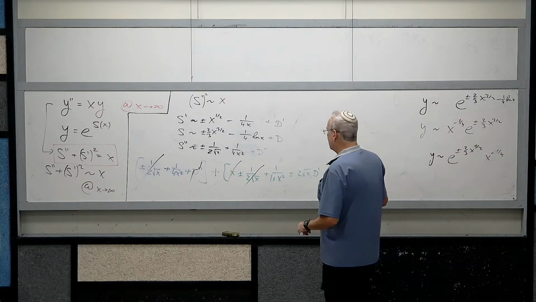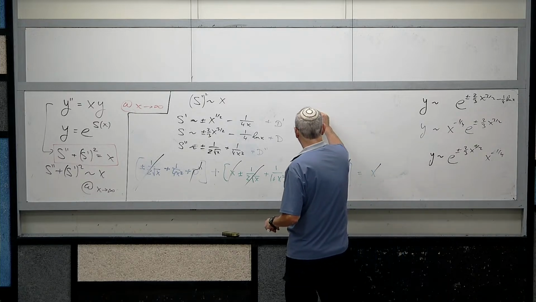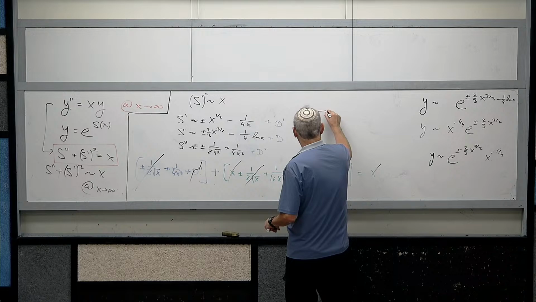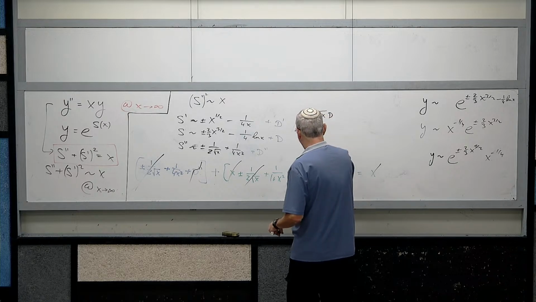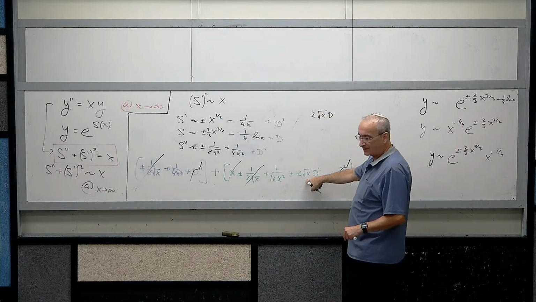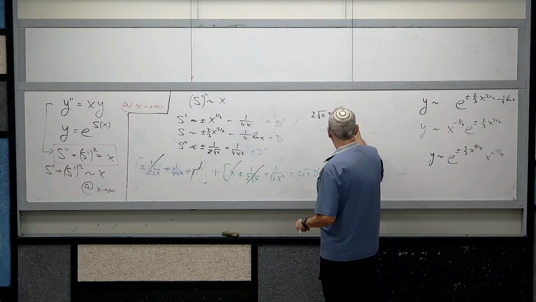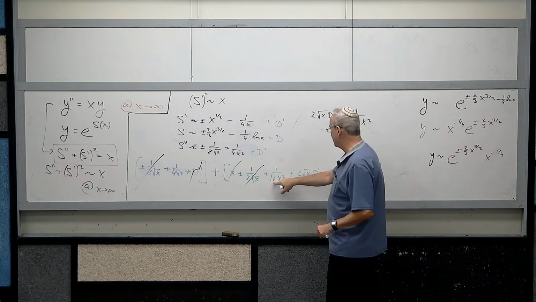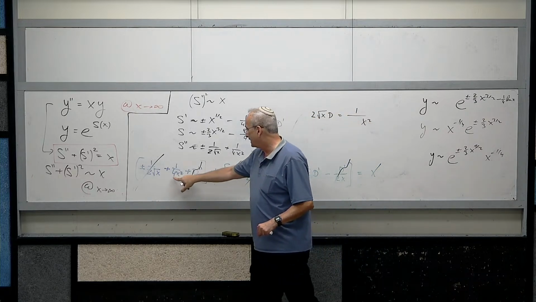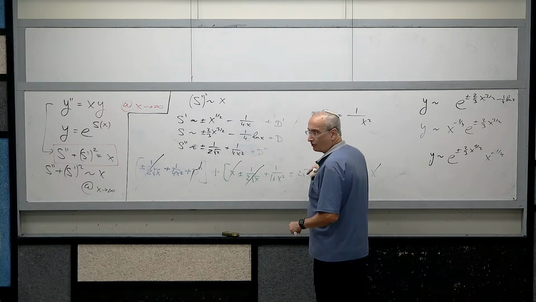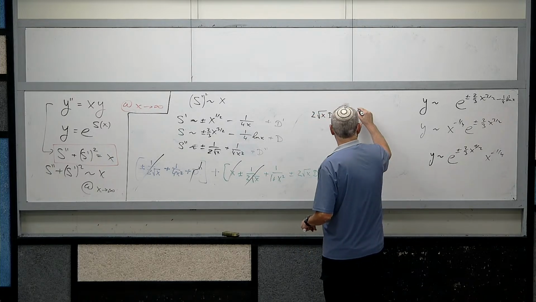So what we find out is that 2 square root of x times d prime, this term, is equal to 1/x squared plus 4 over 16, so 5 over 16x squared.